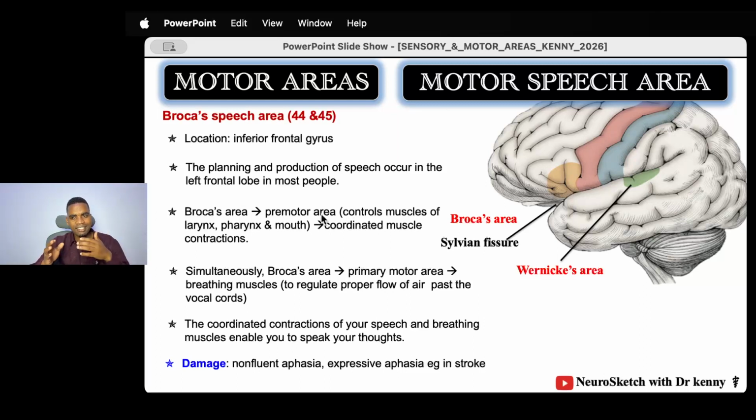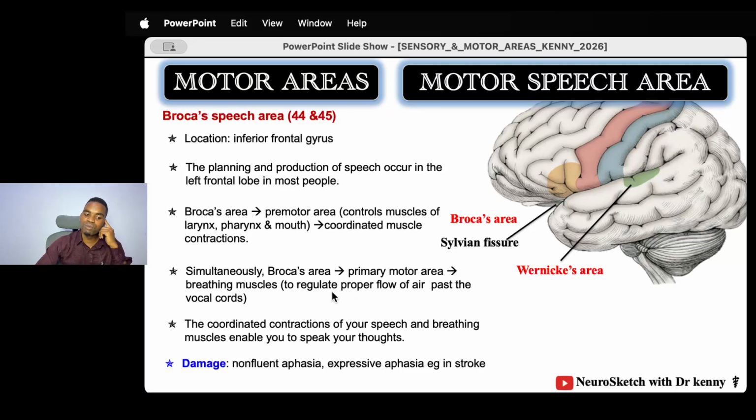The premotor area is like the secondary motor area, and it controls the muscles of the larynx, pharynx, and mouth, which help you produce speech. This results in coordinated muscle contraction. At the same time, information from Broca's area goes to the primary motor area, and this results in regulating the breathing muscles.